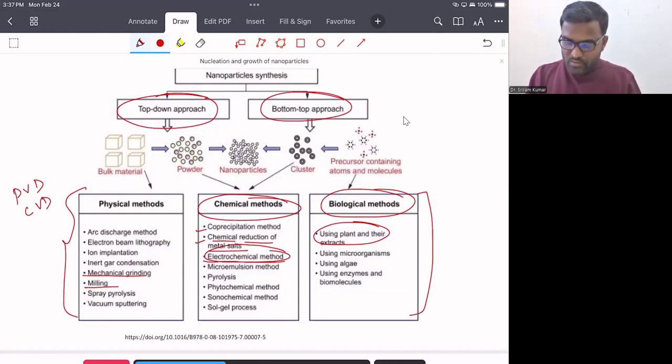We are also going to learn about the microemulsion method, the sonochemical method, and the sol-gel process. We are not going to cover pyrolysis or the phytochemical method. So here we are going to learn six different chemical techniques for nanomaterial synthesis.